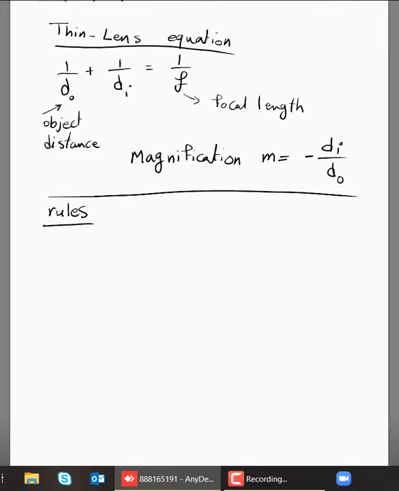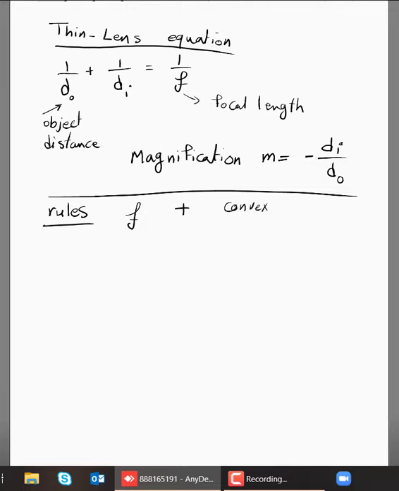Okay, so rules are a little different from the mirrors, right? Because here we are working with the lenses, but I will organize them here for you. For the focal length, f, f is positive if you have a converging lens or convex lens.